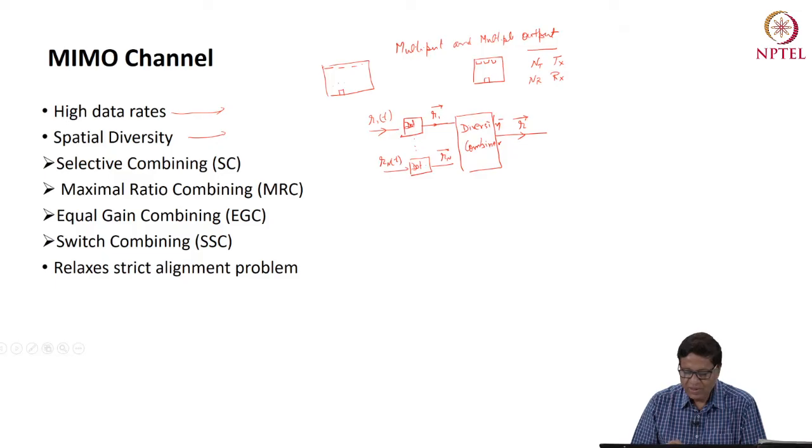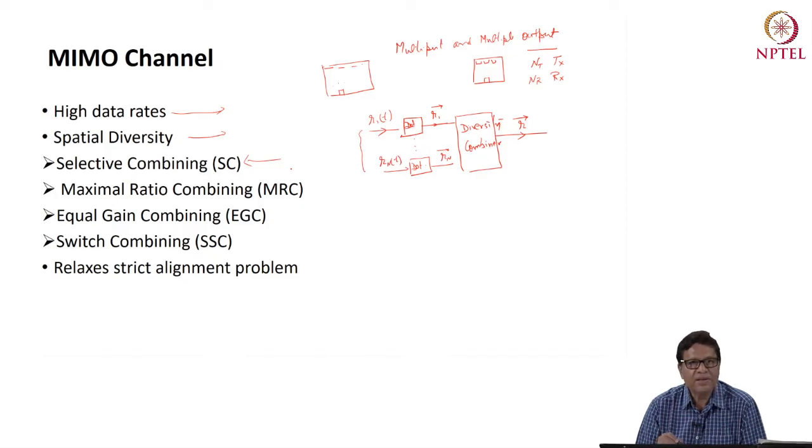So what actually is happening here, you are getting signal from different directions and you can process these signals and get the output. And from there, if you decode data, it is likely that your estimate is going to be accurate. So in the diversity combiner, there can be different types.